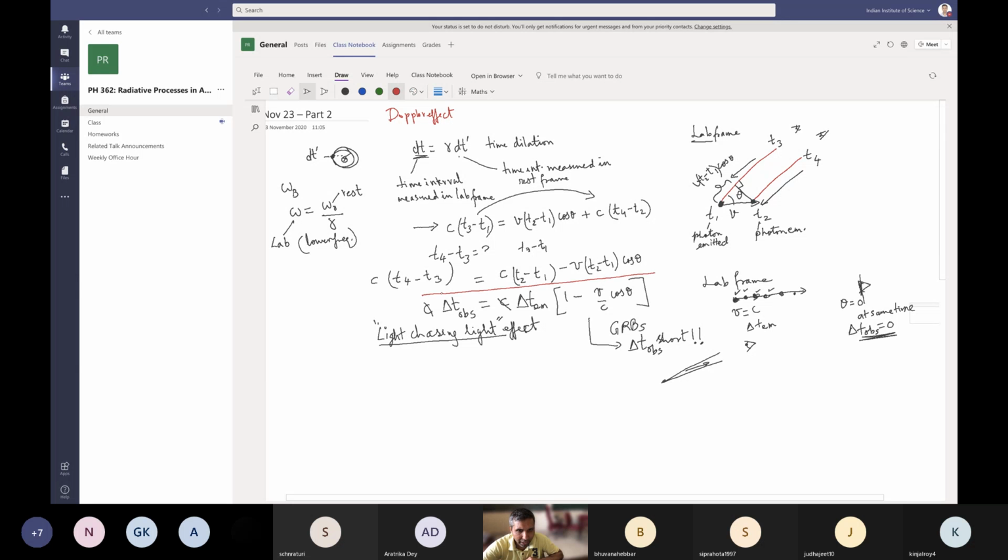formula. Again, the angle theta is the angle between the velocity of the particle and the direction of the light. Like in the language of our previous slide, right?